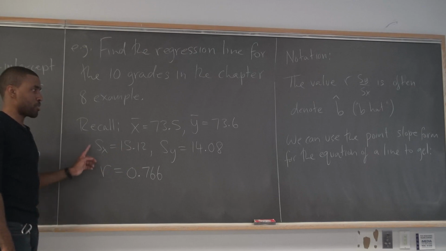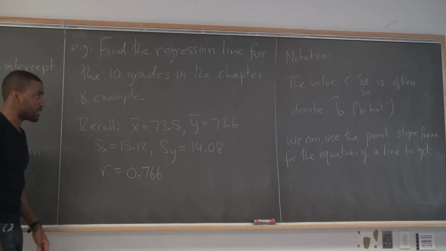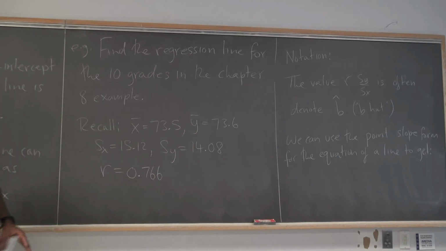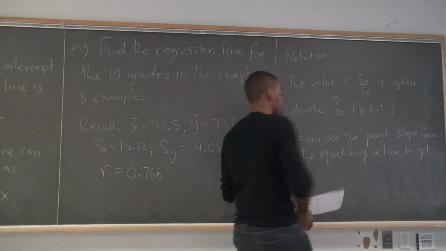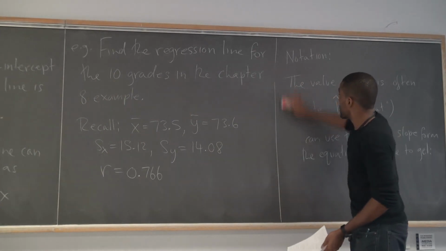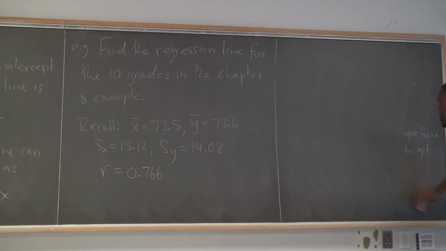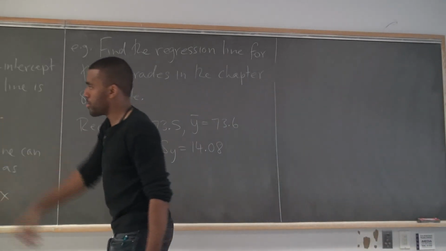Make sure you remember all the formulas for this, because we're not going to tell you the formula, they expect you to remember them. If you're not given these values, you should know how to compute them. It's possible for them to not tell you outright. But once you have all that information, then finding the best fit line is just a matter of plugging them into that formula.